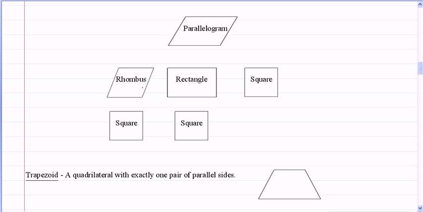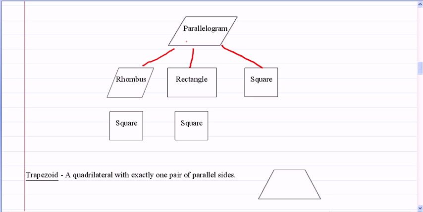So all 3 shapes of rhombus, rectangle, and square are all types of parallelograms. This means that a rhombus is a parallelogram because it has all the properties of a parallelogram. A rectangle is a parallelogram, and a square is a parallelogram.